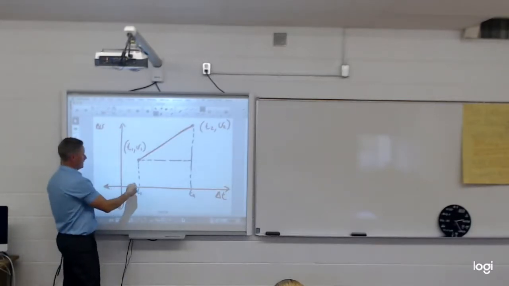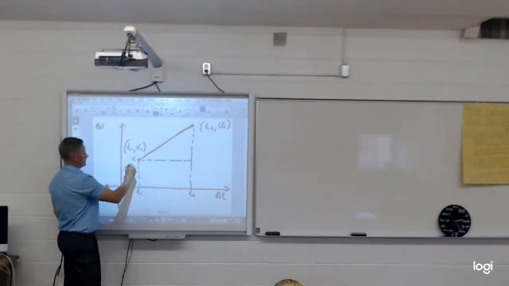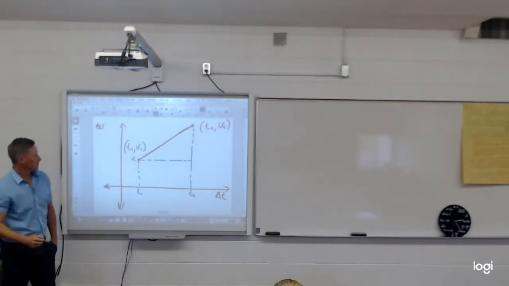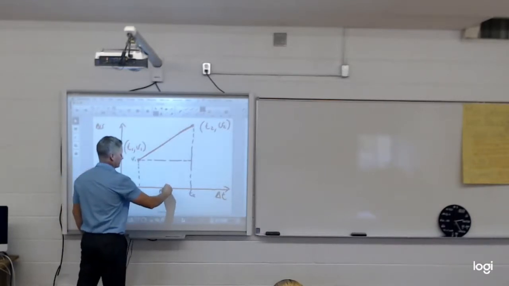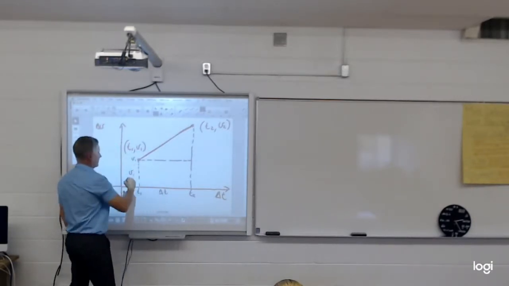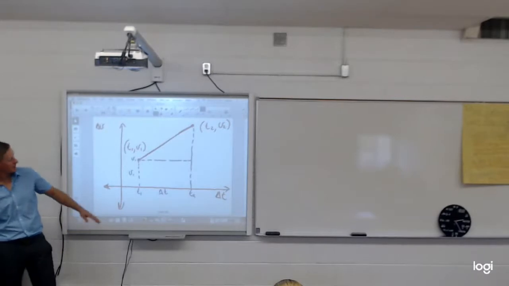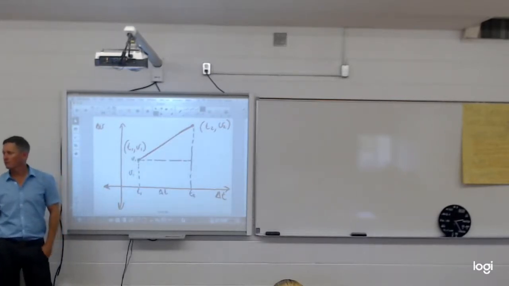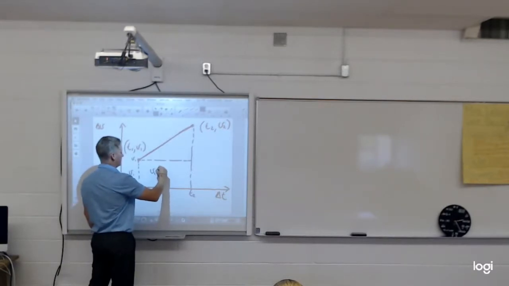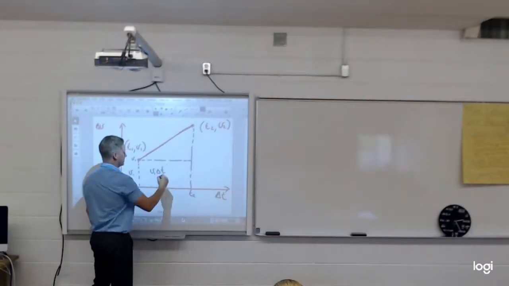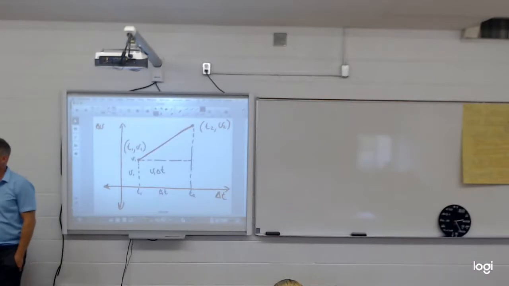I'd have V1 right here. So I would use my time interval and times it by V1, so the distance from here to here is V1. Agreed? So the area underneath here would be V1 times my change in time. Straightforward, right?